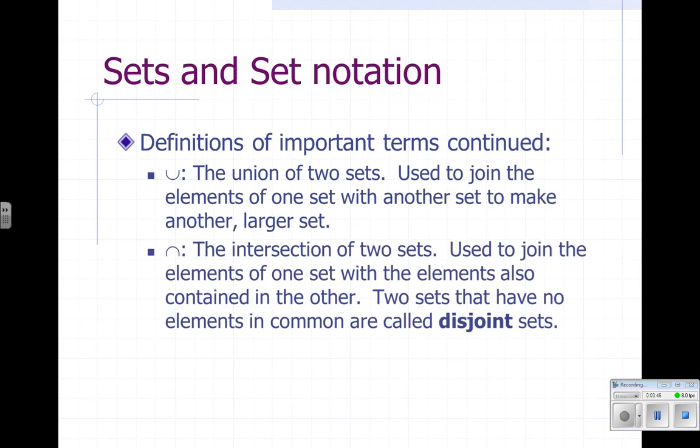The other way of joining two sets is something called an intersection. An intersection is used to join all the elements in one set containing one set with elements in another set. Now, if the sets have no elements in common, we call that a disjoint set, and I'll illustrate these in a moment.